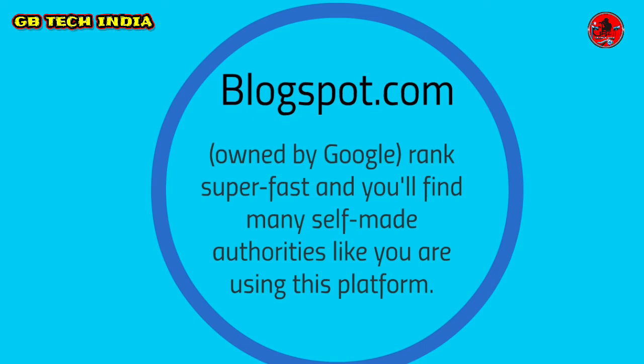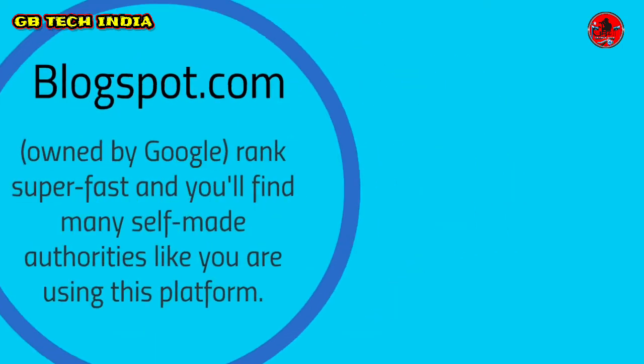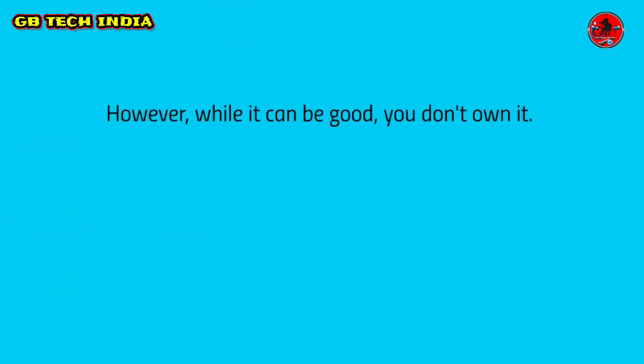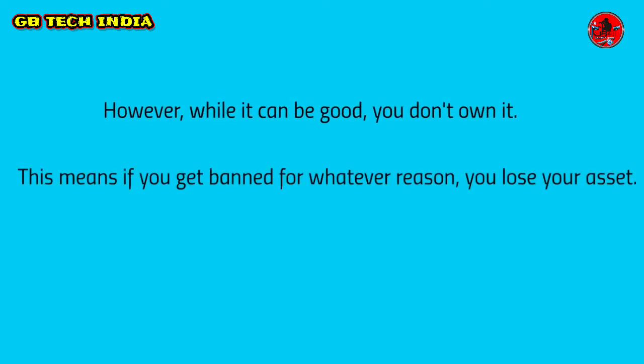In fact, you'll notice that many self-made authority figures in different niches like you are using blogger.com. And if you notice, they rank really, really fast on the internet. Now, here's the downside of Blogger or blogspot.com: you don't own it. So this means if you get banned for whatever reason, you lose your asset, right?